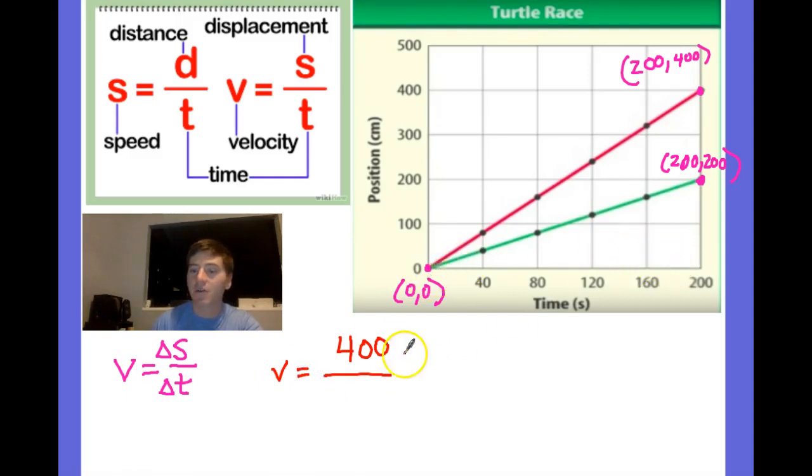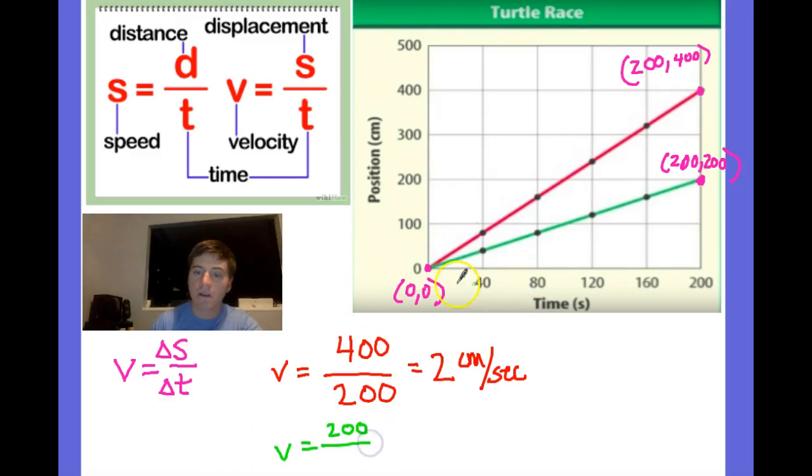I started at 0 and I went to 200, so that is 200. 400 divided by 200 is 2 centimeters every second. What about the green guy? The green guy went from 0 to 200 in his position. The green guy went from 0 to 200 in his time, and that is 1 centimeter per second.